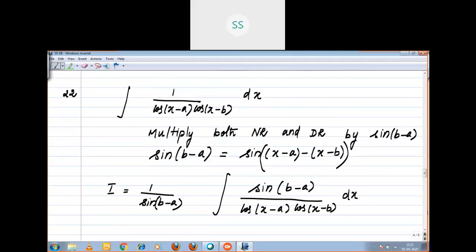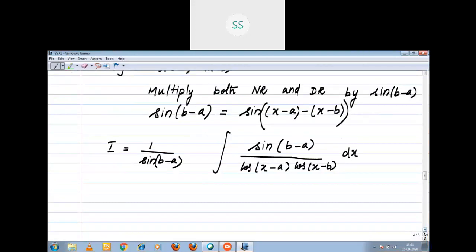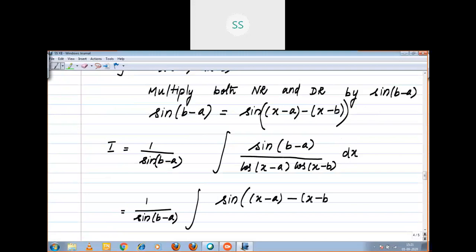Got it? Now the b minus a, I am going to write in terms of x: 1 by sine of b minus a, integral of sine of x minus a minus x minus b divided by cos of x minus a into cos of x minus b dx.